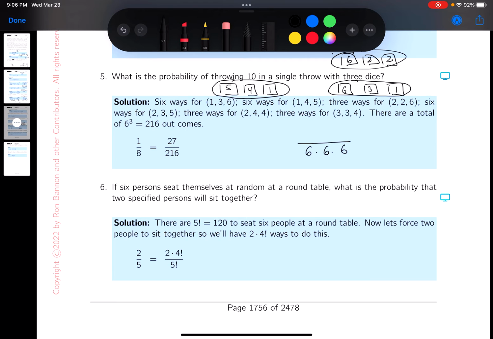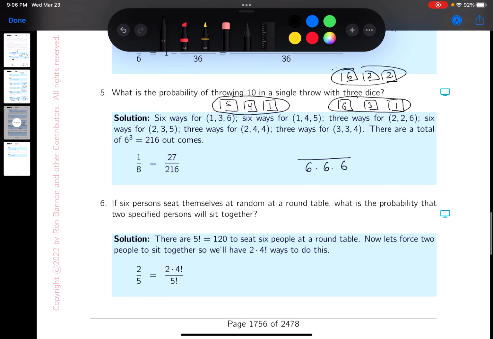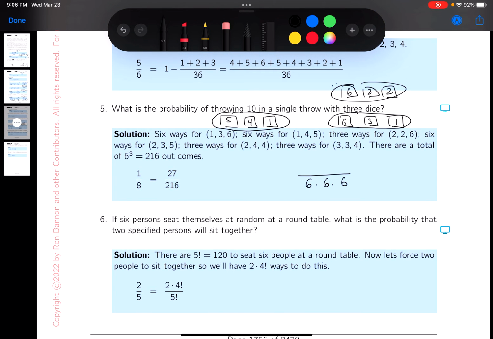I think I've taken care of the 6 and the 5. I think I should move on to 4. Right, 5, 4, 1. All right, let's do the 4. No, I've already exhausted the 5. I got another one. 5, 2, 3. There's another one.